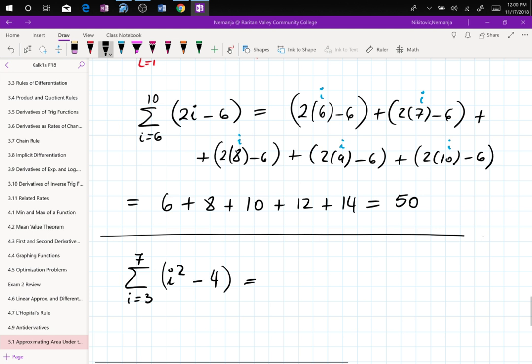So what do I write first? 3 squared minus 4, very good. Plus?